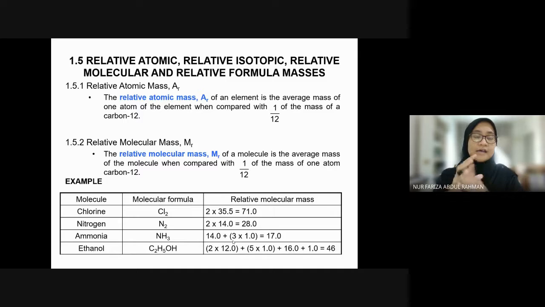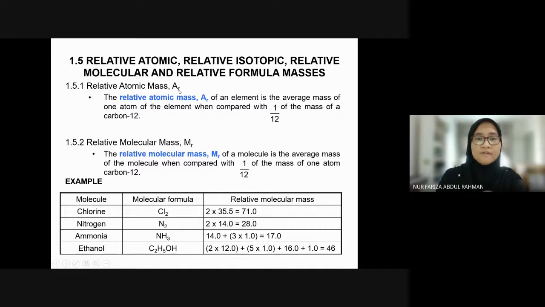Okay, this is just a revisit, where you've known about this before. You are already familiar with the terms used. So we have relative atomic mass, which can be denoted as capital A and then R there.